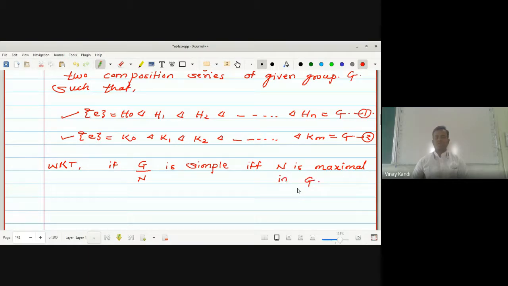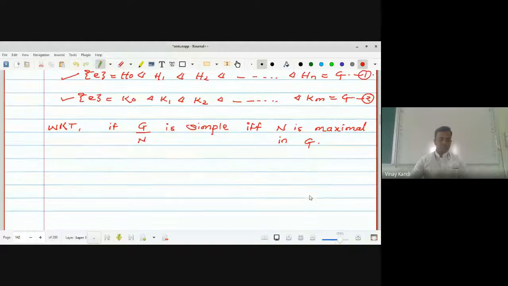G by N is simple if and only if N is maximal normal in G. Okay, any doubt? Do you remember that we proved this theorem earlier? Yes, sir. G by N is simple if and only if N is maximal normal in G.